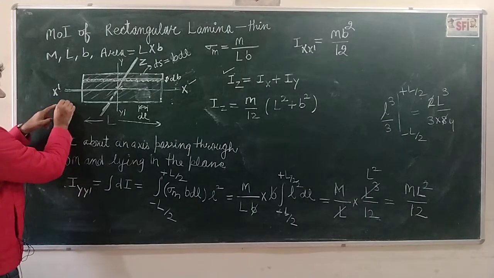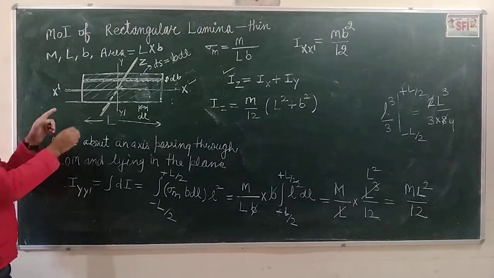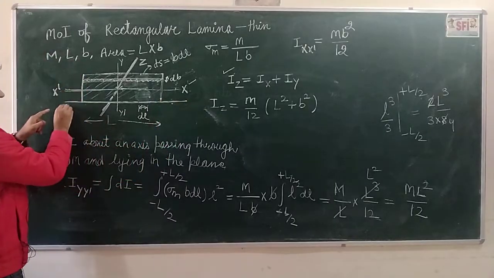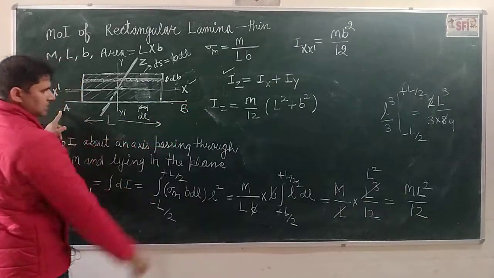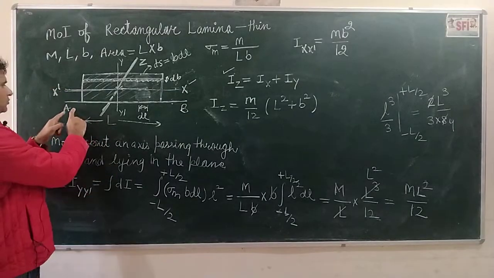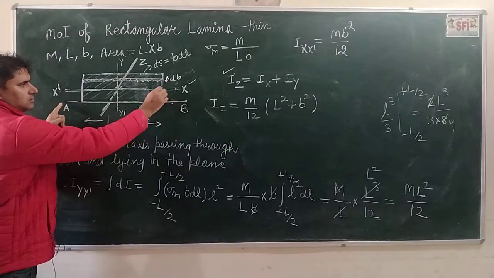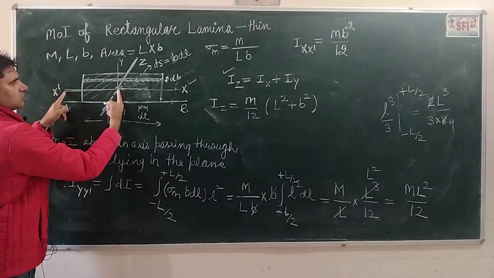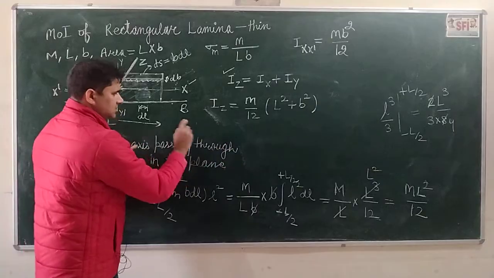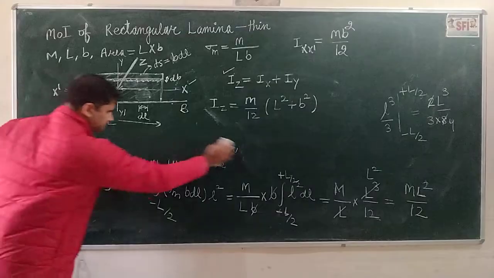If you have an axis which is along the length and passing through the edge, suppose this is the axis AB. So these are the cases. Now to find the moment of inertia about the axis AB, you will identify the axis which is passing through the center of mass and parallel to this axis. You will make use of the parallel axis theorem to solve such cases.